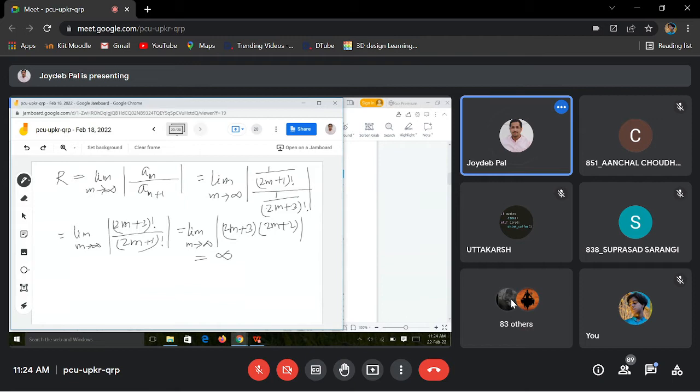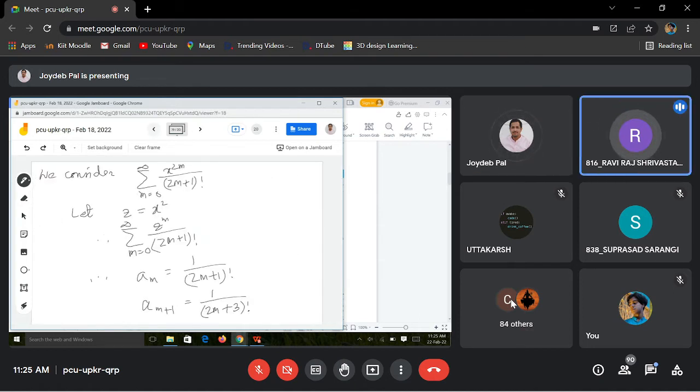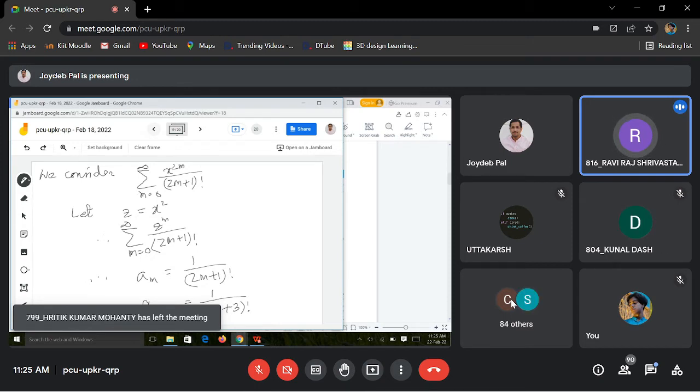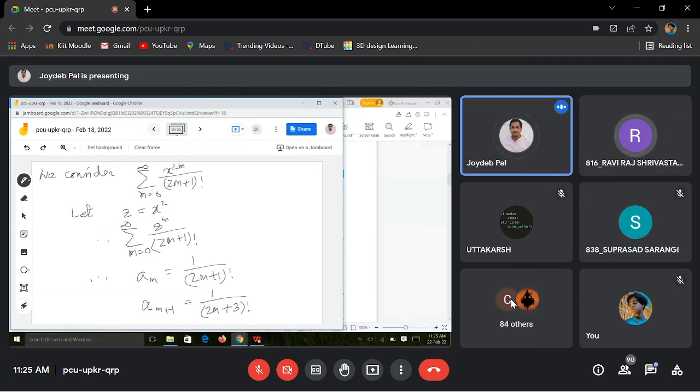Okay, now there is no need to write down the explanation of radius of convergence, whatever I told. I just explained it to make you understand what the surprising thing here is: the series converges for all real values. Which means that for any value of x, the series will give you a finite sum.